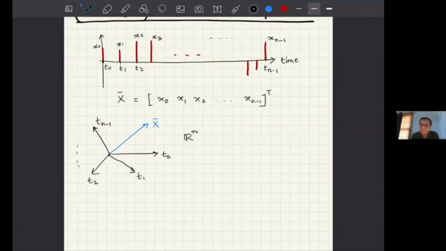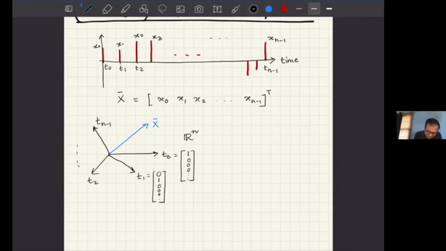And each of these dimensions of time can now be written as a vector themselves, such as t0 can be written as 1, 0, 0, 0, 0, 0. t1 can be written as 0, 1, 0, 0, 0.